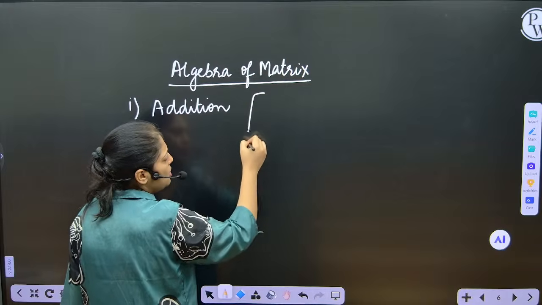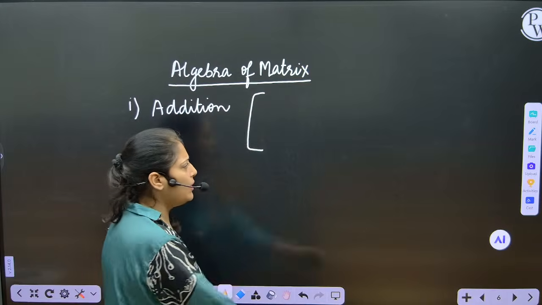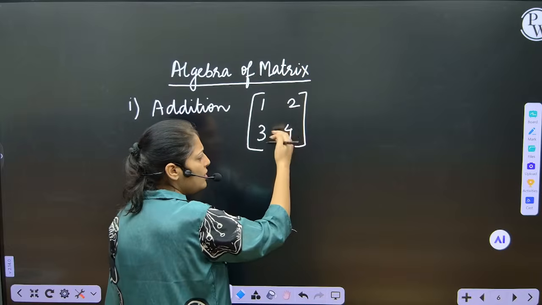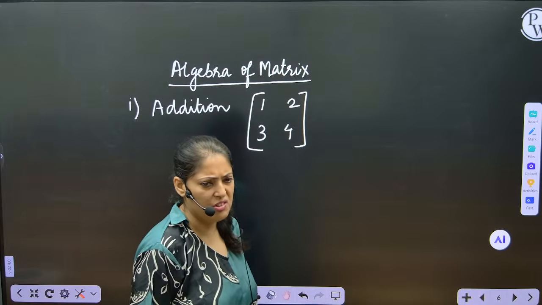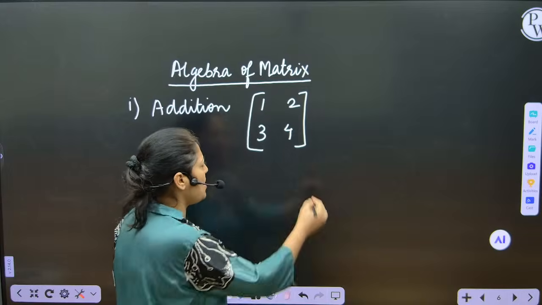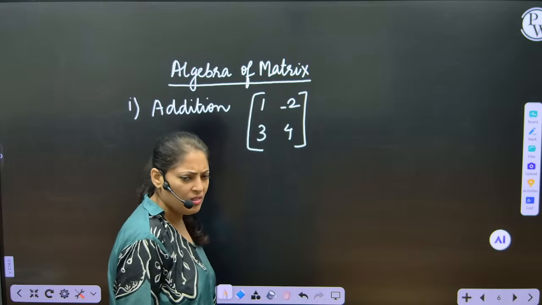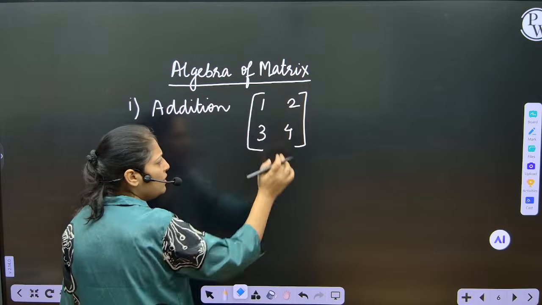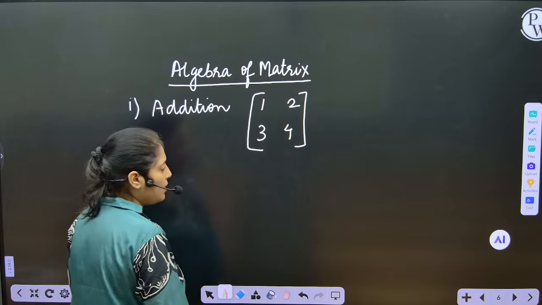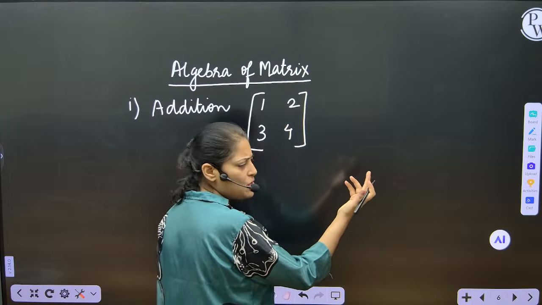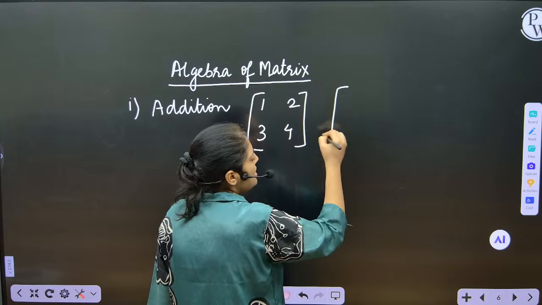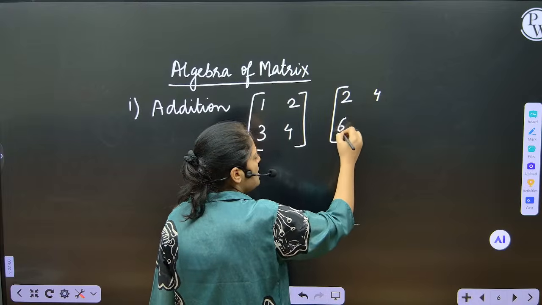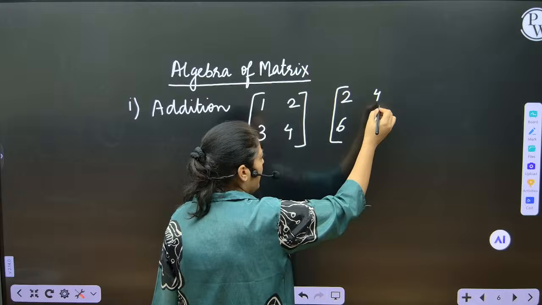Addition. Suppose I am giving two matrices, 1, 2, 3, 4. It is not necessary that it should be in continuation. Any matrix you can take. Suppose I am taking 1, minus 2. But right now I am doing it with all positive numbers. I'll do it with negative numbers also, no issues. The second matrix is, suppose, 2, 4, 6, 8.